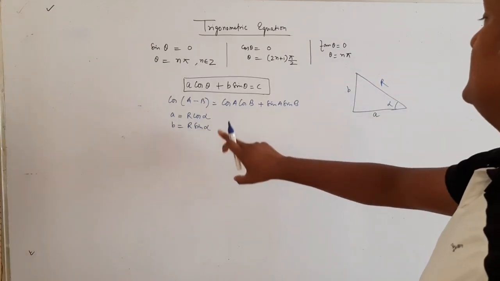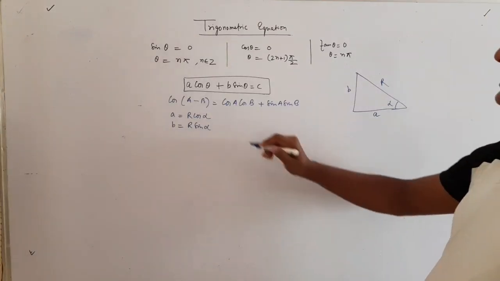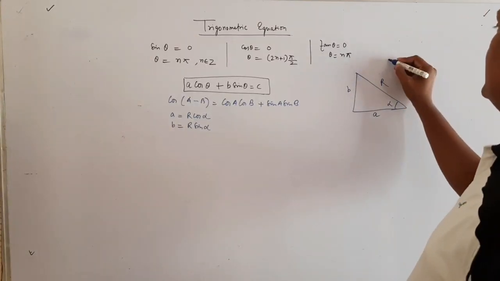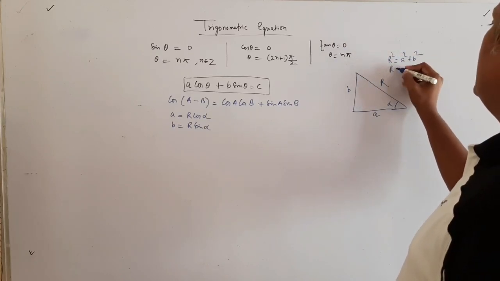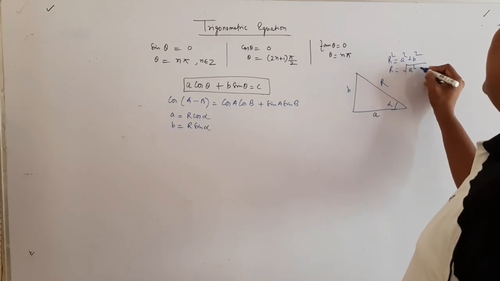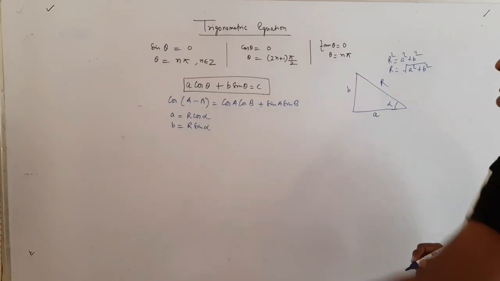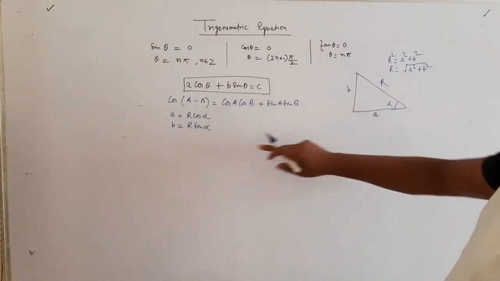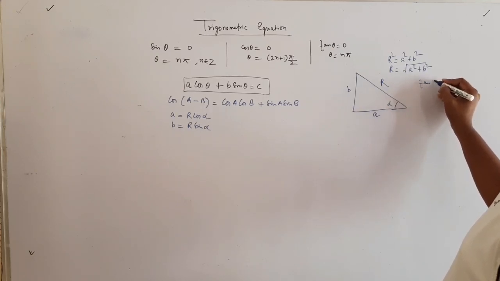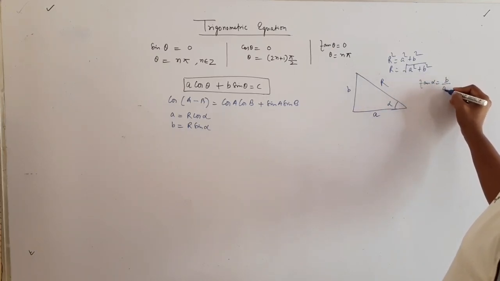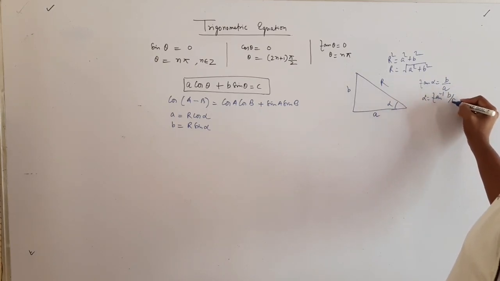Using this relationship, if you square and add, you'll find that R square is a square plus b square, so R is square root of a square plus b square. And if you want the value of alpha, divide the second equation by the first equation, then you get tan alpha is b over a. So alpha is tan inverse b by a.